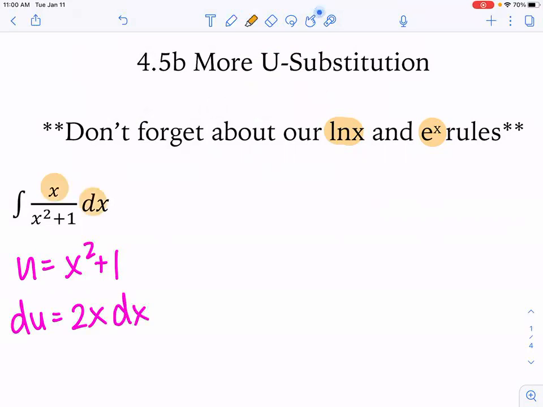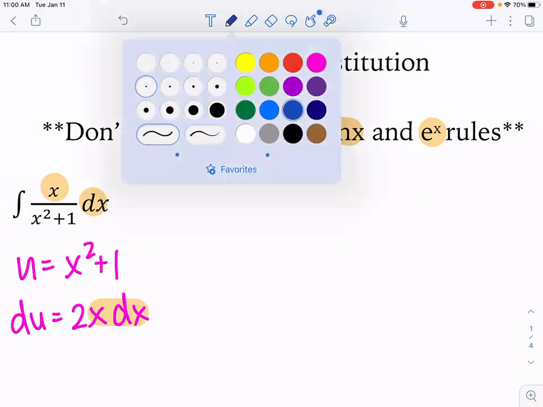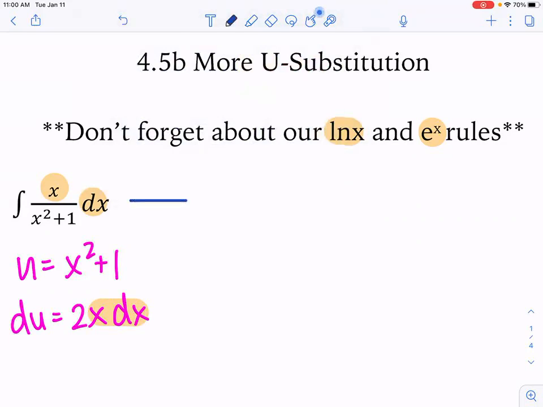And look at this. We have x dx in the numerator, so we are going to rewrite this as x dx gets replaced with 1/2 du.